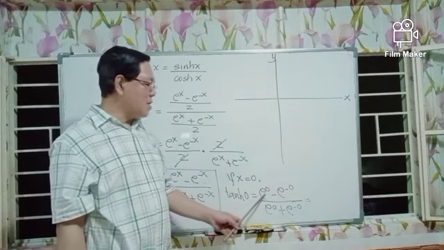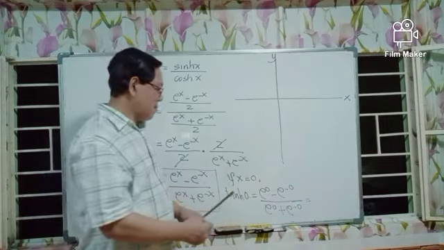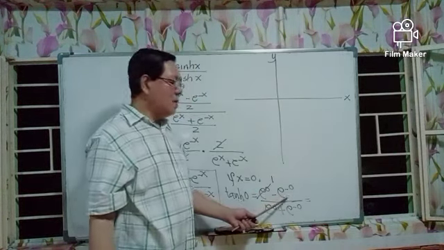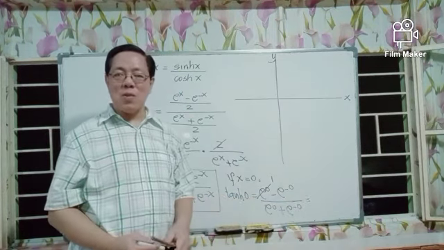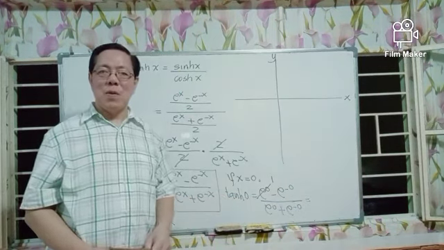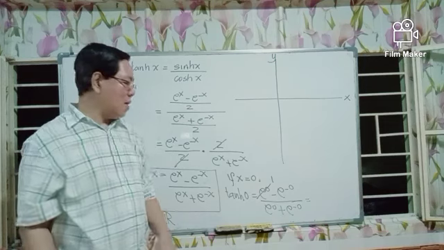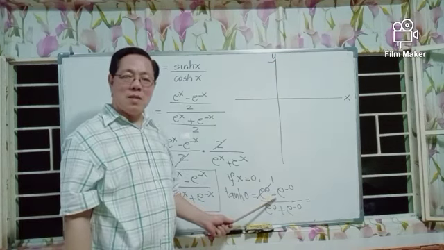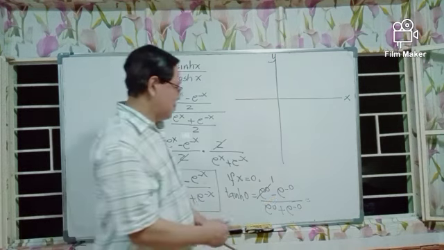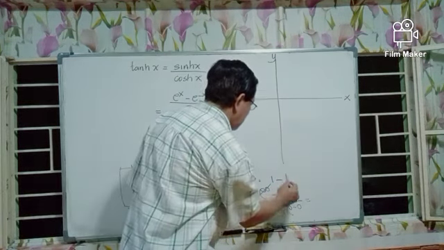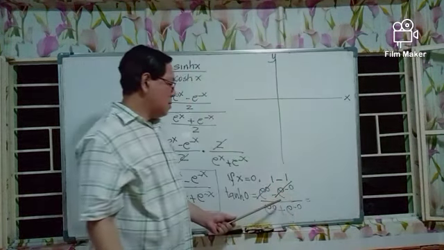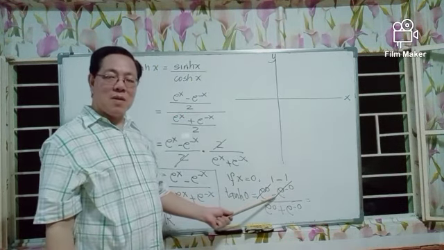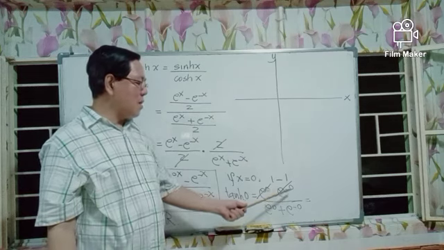And we have e to the 0 is 1. E raised to minus 0 is the same as 1 over e raised to 0. But e raised to 0 is 1. So we have minus 1 over 1 is minus 1. E to the minus 0 is 1, and we have negative in the coefficient of e to the minus 0.